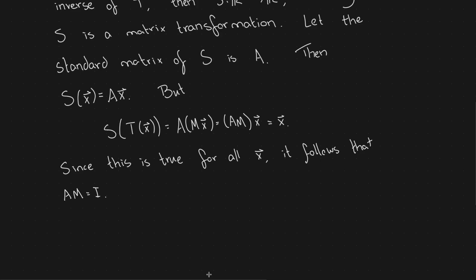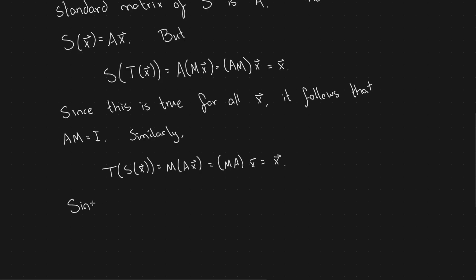Okay. Similarly, T of S of x is equal to M times A of x, which equals MA times x. And again, T and S are inverse transformations, so that's just vector x again.